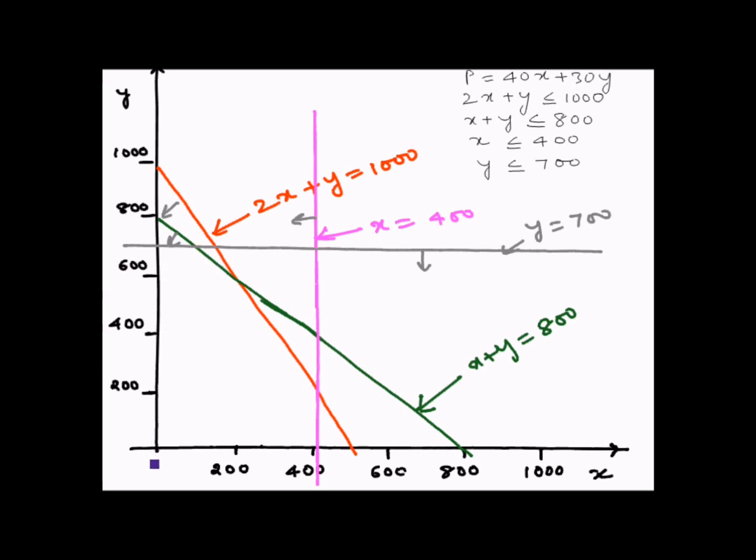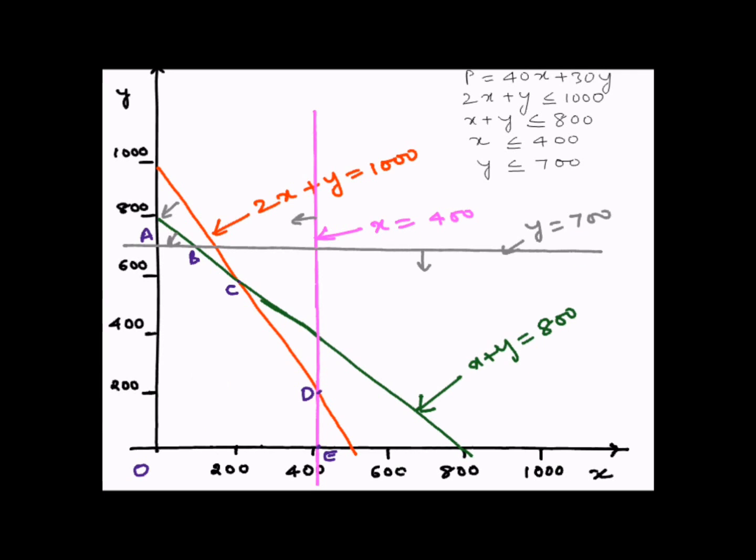So if we consider the origin as O, this intersection here is A, this one here is B, this here is C, this is D, and this is E. So O, A, B, C, D, and E is the feasible solution region.